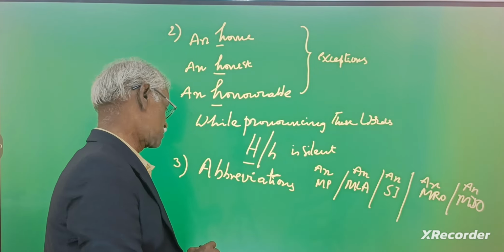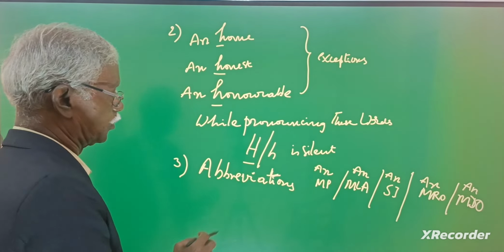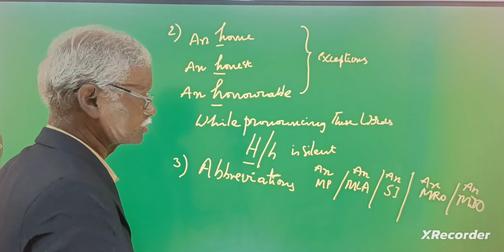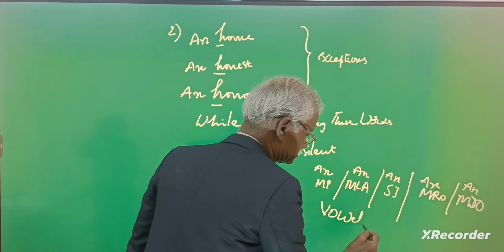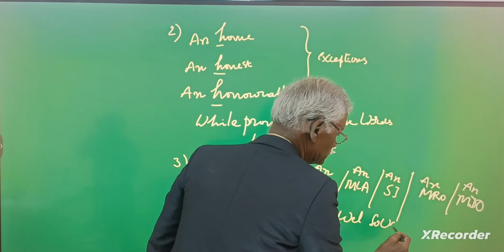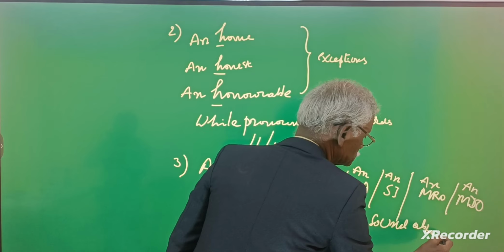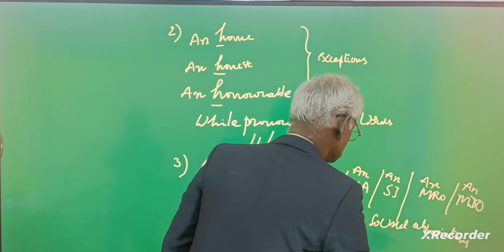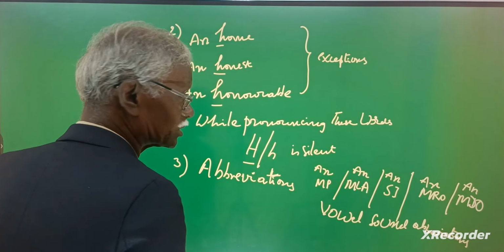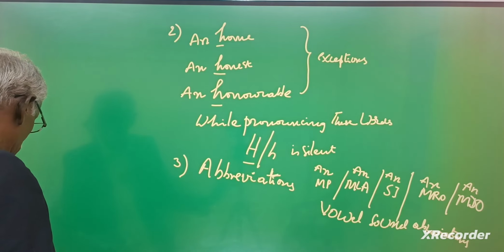The third rule is vowel sound abbreviation. This is called vowel sound abbreviation. So use the indefinite article an.